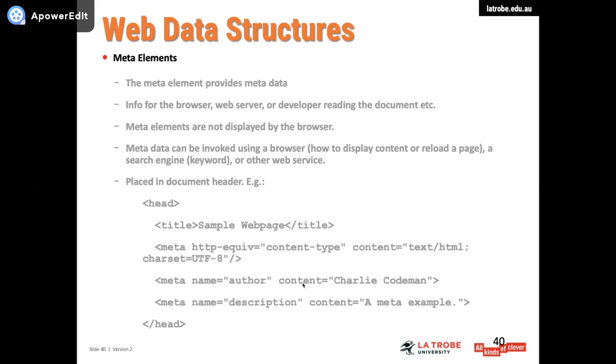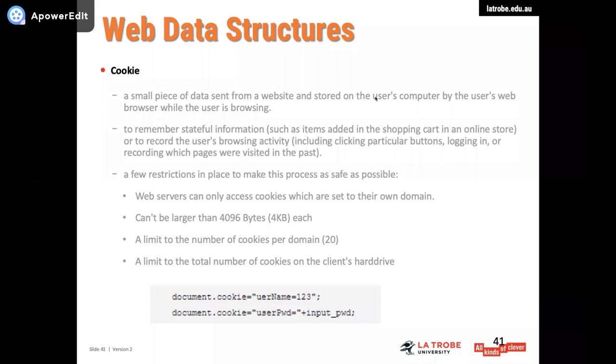And then let's talk about the cookie. Probably many of you have heard of cookies before, because when you browse some websites, maybe a small window pops up and asks you, do you accept the use of cookies on this web page? So then you should know, what does cookie mean? A cookie is a small piece of data sent from a website and stored on the user's computer by the user's web browser while the user is browsing this website.